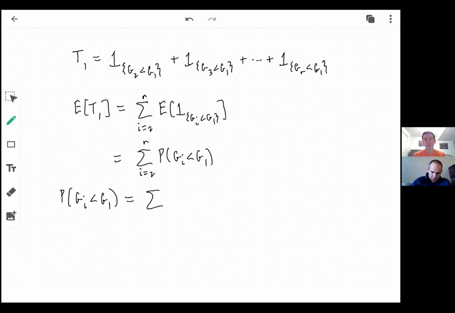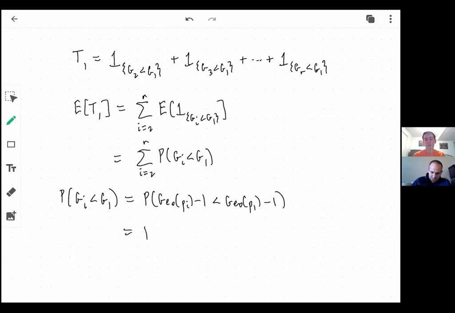By the way, before we do that, this is just the probability of a geo with probability pi minus 1 being smaller than a geo with probability p1 minus 1, right?